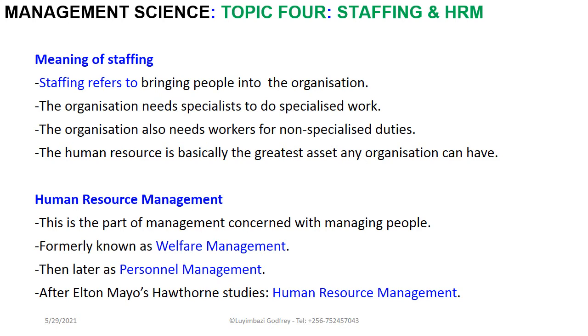If you remember our topic number 3, we were looking at the basic parts of an organization, and we noted that people are a very important part of an organization, and some scholars believe that they are the most important part of the organization. That's why scholars have agreed that basically these are the most important assets any organization can have.